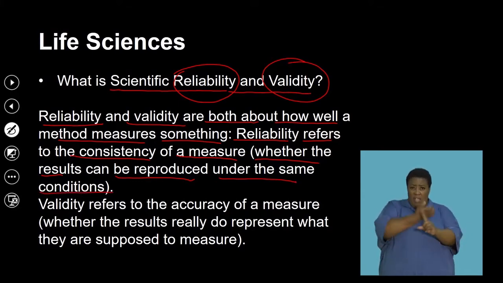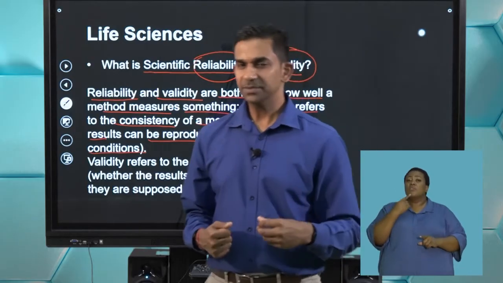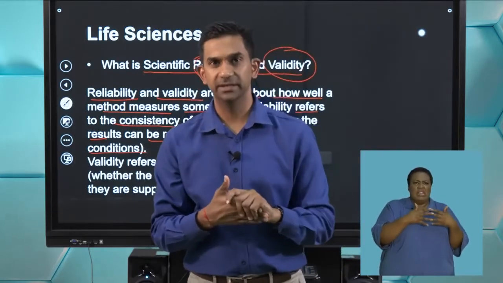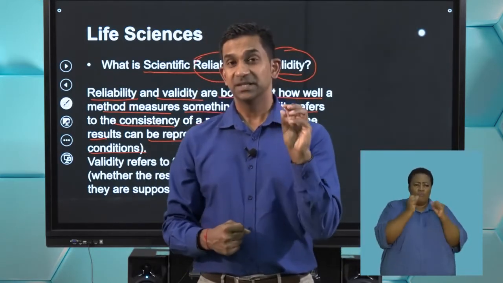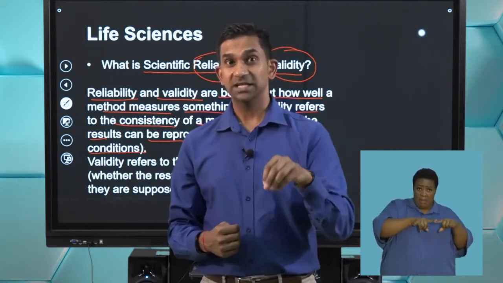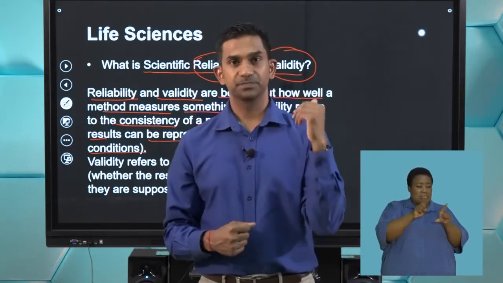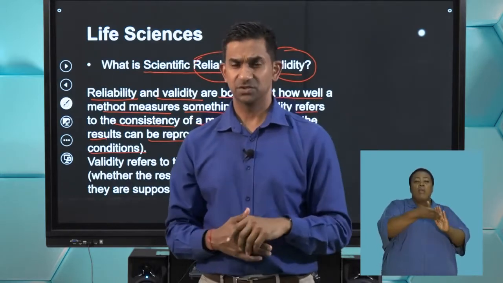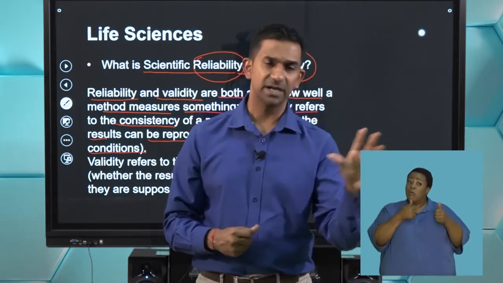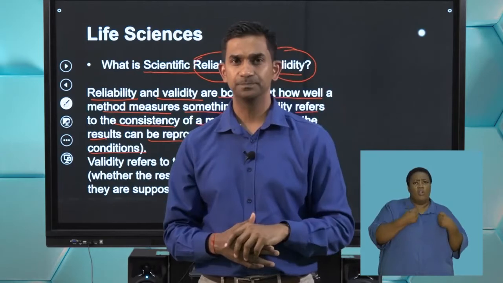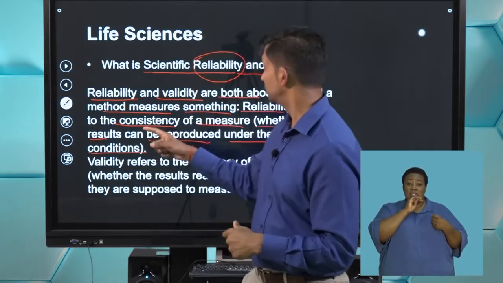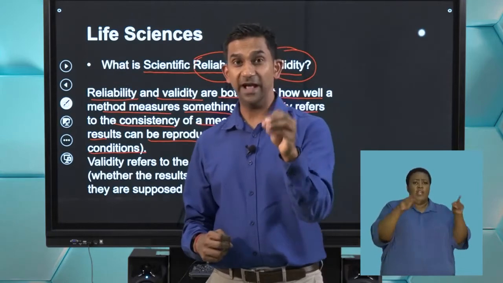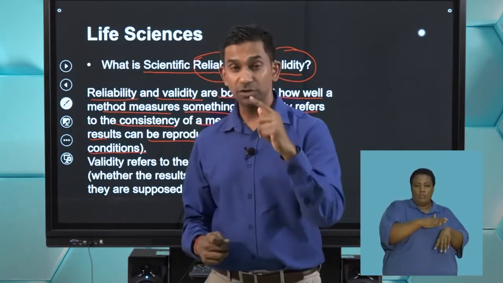So when we talk of something being reliable, if you talk about an appliance being reliable or a brand name being reliable, we often mean that that brand or that product gives you the same results year after year, or it gives you consistency in its performance. So you often hear of people saying, well, it's a very reliable brand or it's a reliable car, and that reliability they refer to as being something that is consistent. It gives you the same value for money on a long-term basis.